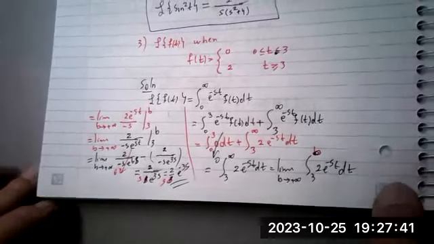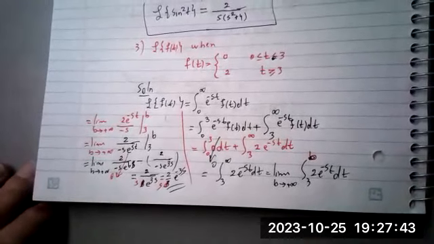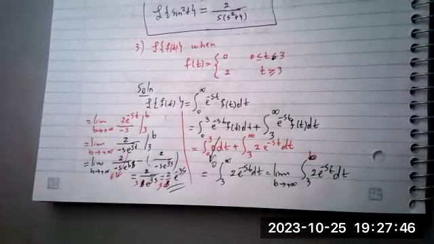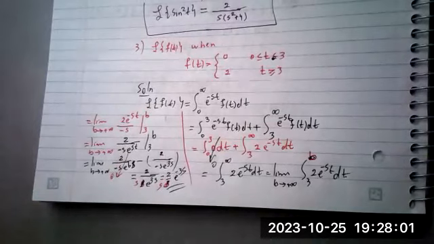Okay, any question? So that would be our first job. The first job is a function is given to you, then you are going to find the Laplace transform of that function. When we get to solving the differential equation, it would be given to you. You assume that the solution of your equation is f of t.